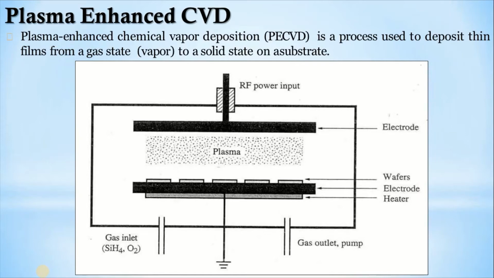For that we are using an electrode which can be heated, and the gas inlet is given. In plasma CVD, substrates that cannot tolerate high temperatures, such as polymers, can be used, where the substrate temperature ranges from 100 to 500 degrees Celsius. In this way we are using plasma enhanced CVD.